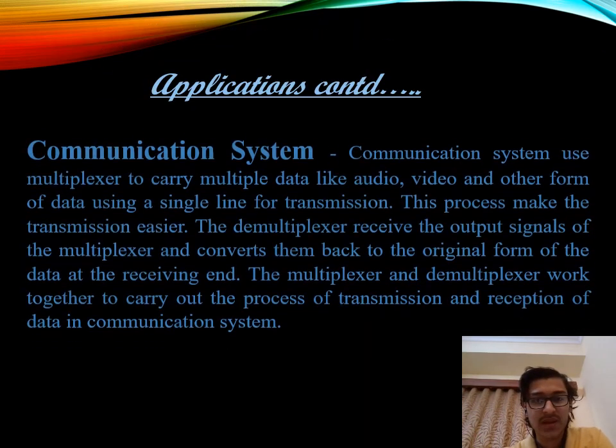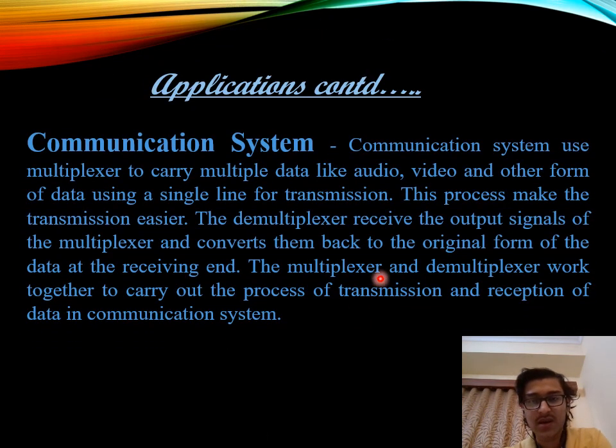So this is the second application I am going to explain. It is the communication system. Communication systems use a multiplexer to carry multiple data like audio, video and other forms of data using a single line for transmission. This process makes the transmission easier. The demultiplexer receives the output signals of the multiplexer and converts them back to the original form of the data at the receiving end.